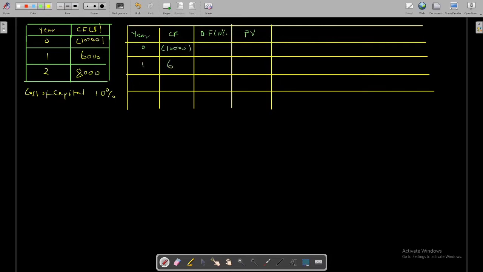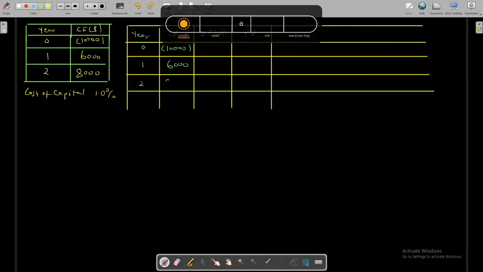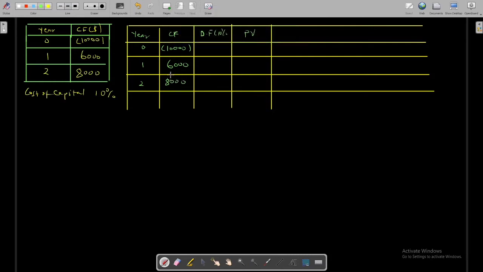In year 1 we got a cash flow of 6,000, and in year 2 we got $8,000. Now we have to find the discount factor at 10%, and this gives us 0.909, 0.826, and 0.751. Then we multiply the discount factors by the cash flows to find the present values.